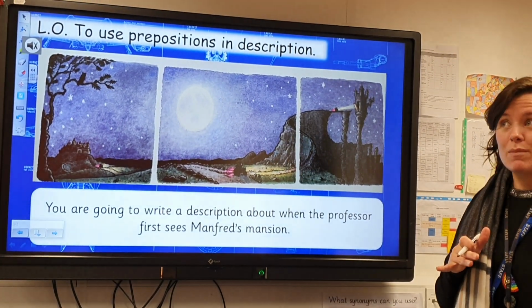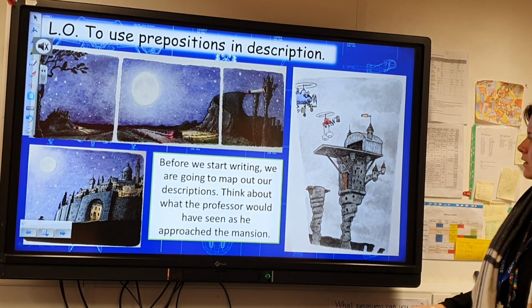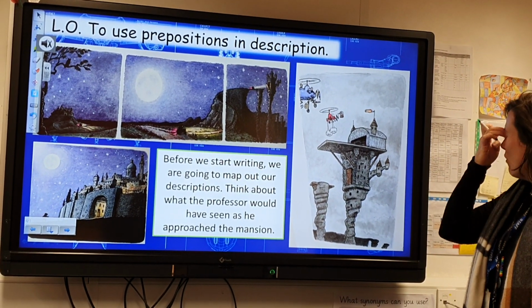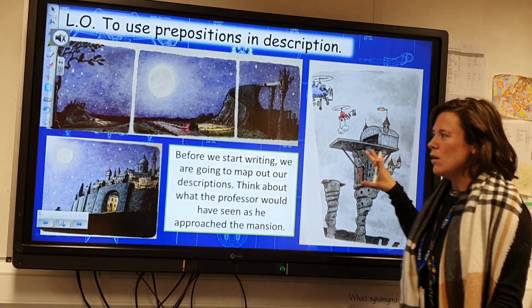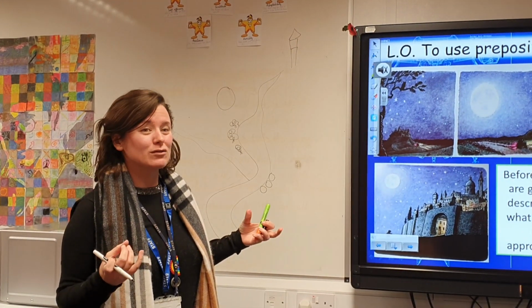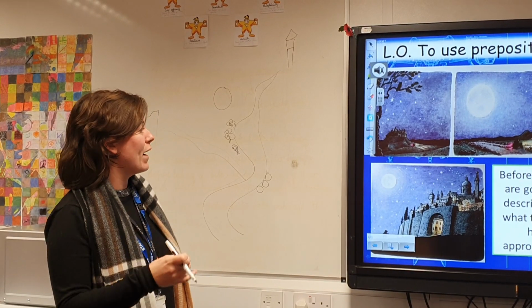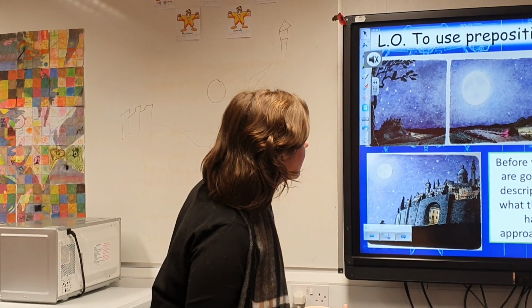There's my lovely plan over on the whiteboard. I like having this picture here in more detail because it means I can add more details to my plan now. And I know a really good way of writing a setting description is also to get those adjectives and expanded noun phrases in to describe things.